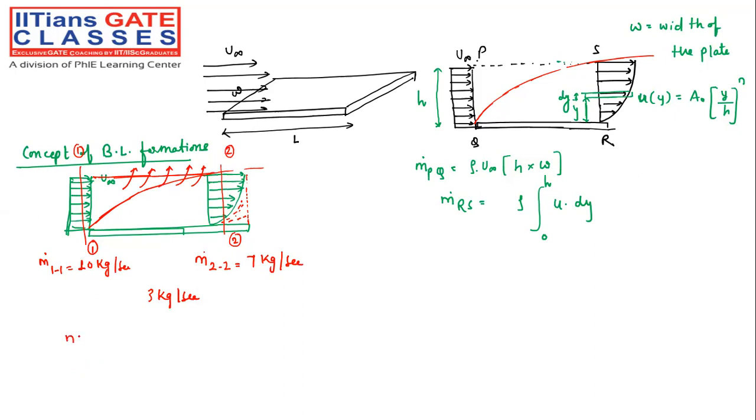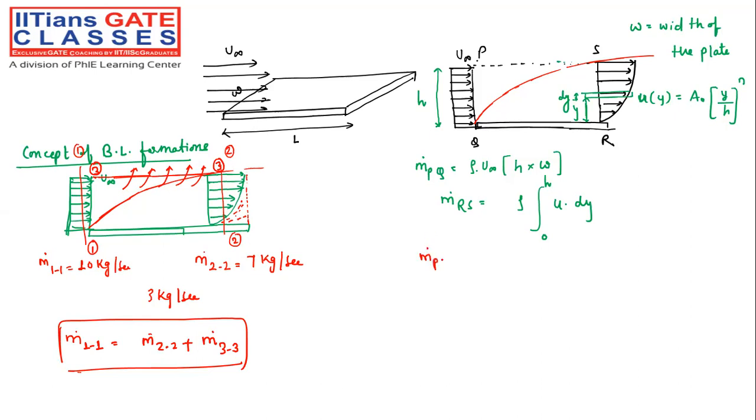So if you balance it out, mass flow rate through section 1-1 will be equal to mass flow rate through section 2-2 plus the additional mass flow rate through section 3-3. That is mass conservation, and it has to be satisfied everywhere.